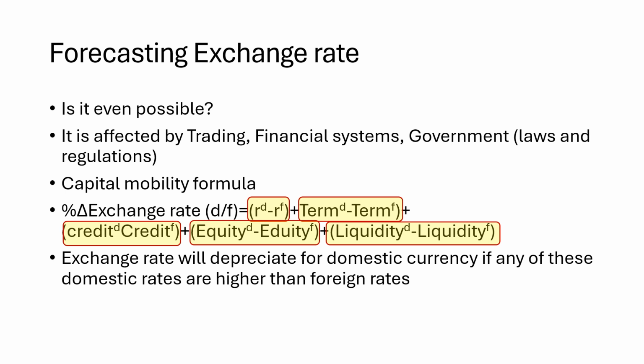You get the gist of it. For all these terms, we just compare them to see if the exchange rate will appreciate or depreciate. So remember that if the exchange rate is depreciating for the domestic currency, then invest in the domestic market.